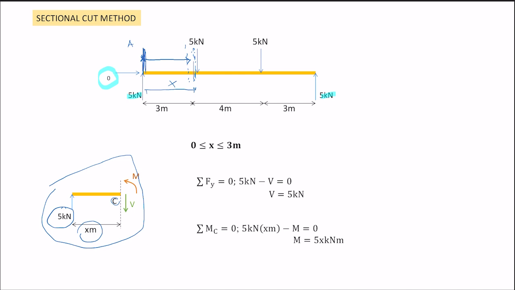Another one we have to do is find M, which is the moment. So we're going to take moments at point C here. The 5 kilonewton goes to C, it is clockwise, therefore it is positive, with a distance of X meter, because force must be multiplied by distance to become moment. So this is force and distance.